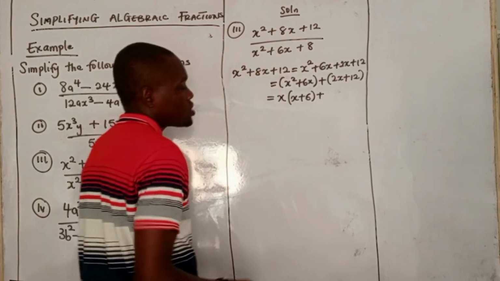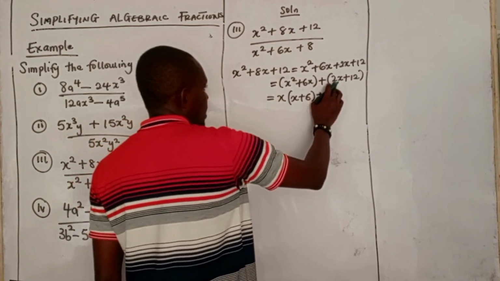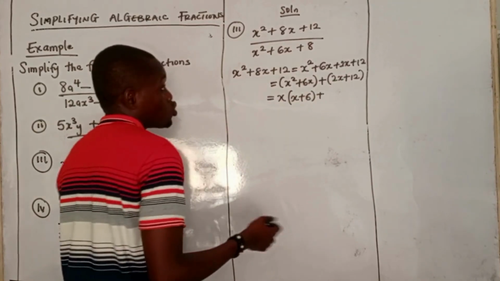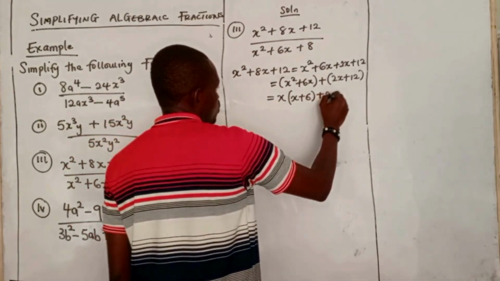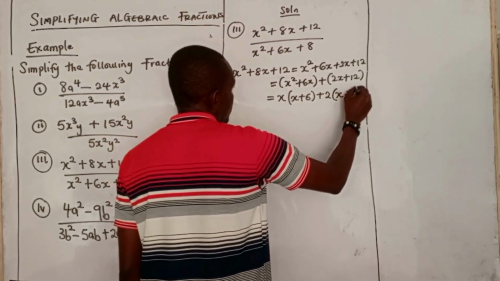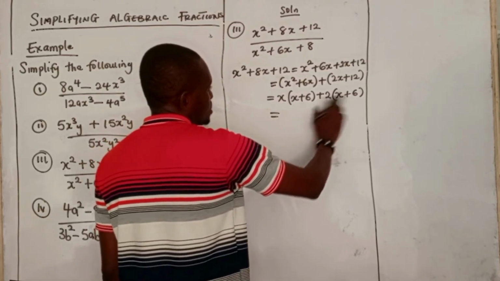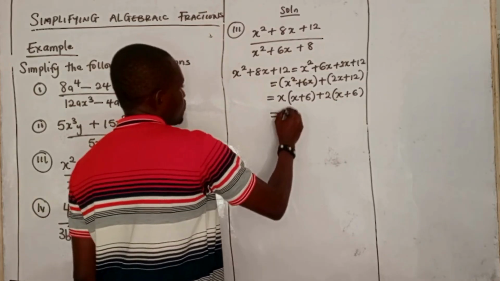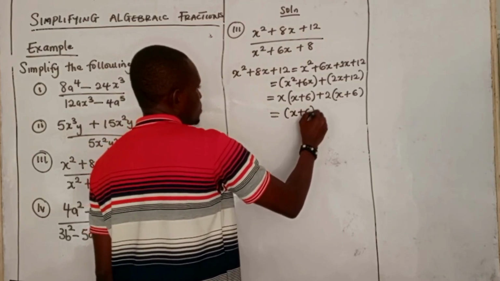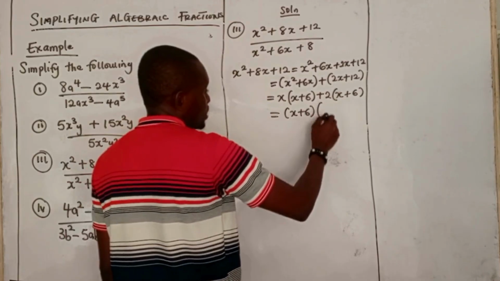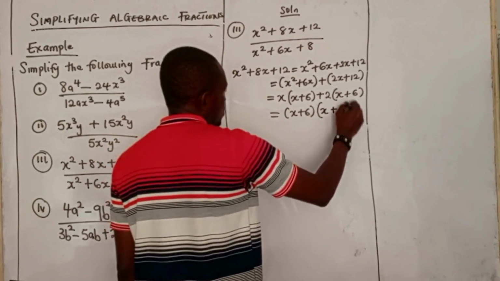The letter x is not common, so the number is where the common factor is. The highest number that can divide 2 and 12 without remainder is 2. So you are still going to have x plus 6. At the end, this x plus 6 appeared two times, so you pick just one of it, which is x plus 6. Then open another bracket, and the x and the plus 2 that are outside, put them in the other bracket.